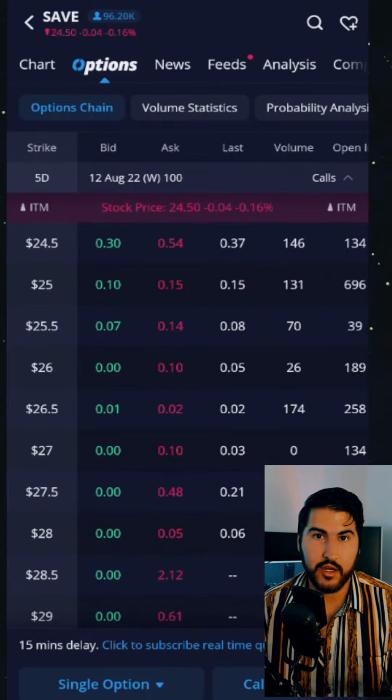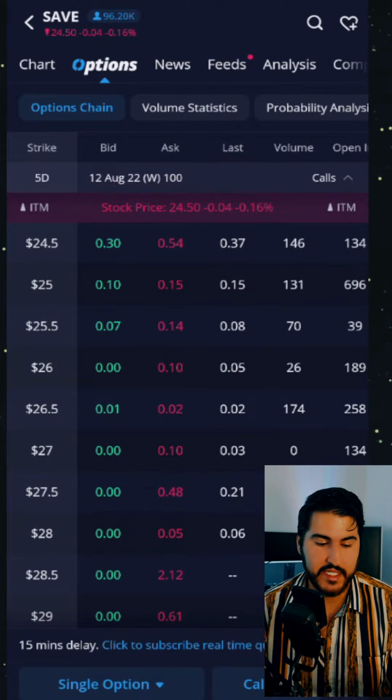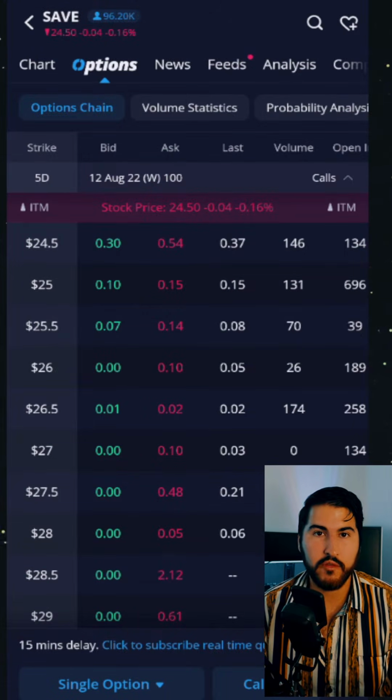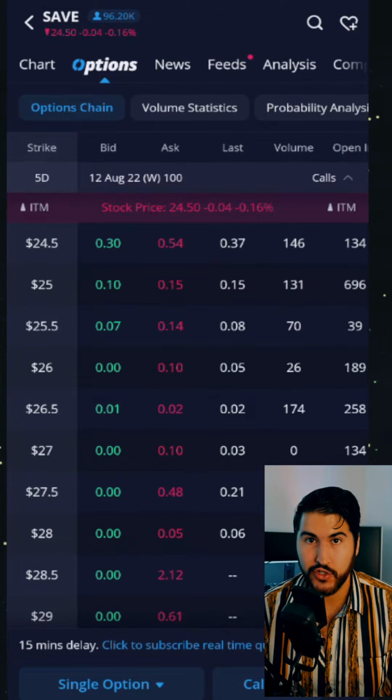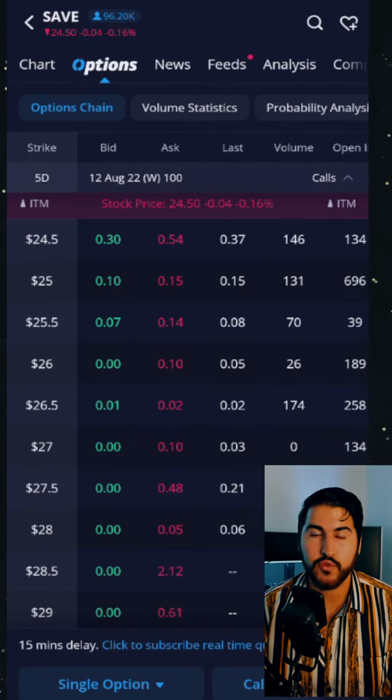Now, interestingly enough, if we go into our range a little bit and take a look at the $25 strike, we can see that the last price on that was 15 cents in premium. The $25.50 strike was 0.08 and the $26 strike was 0.05. So with all of these being within our range under $28, I'm okay trading any of these. I just want high risk to reward ratios.